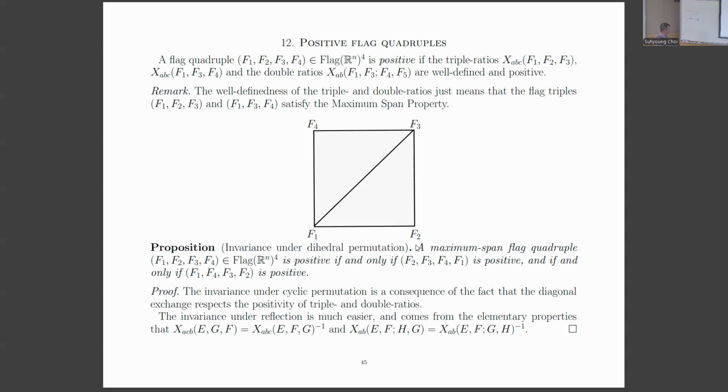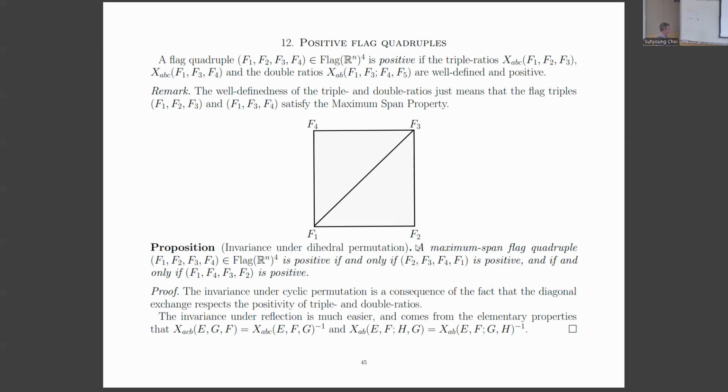And here is a proposition. Well, it's actually a theorem, because it's easy now, but it's a very fundamental property. I didn't mean maximum span here, I erased maximum span, I was supposed to remove it.